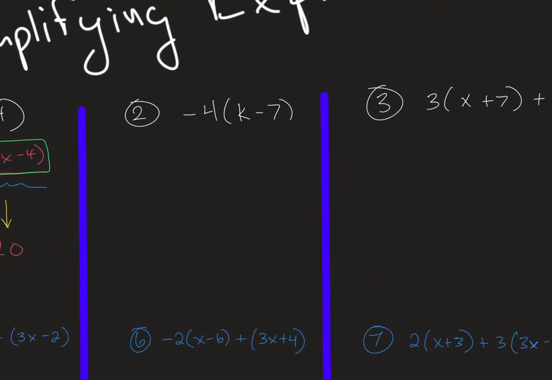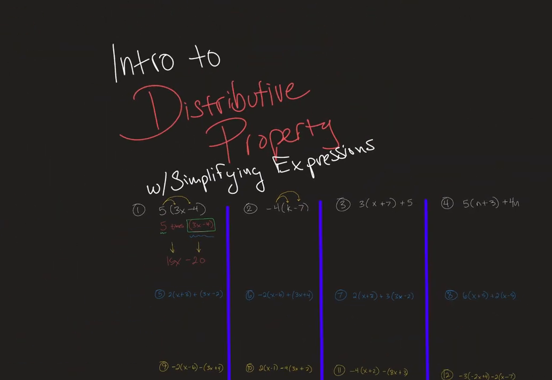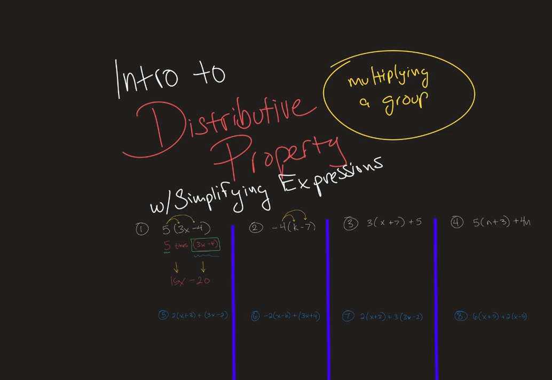It's saying if I am multiplying a group, then I multiply everything in that group. So really, we could kind of say the distributive property is really multiplying a group.